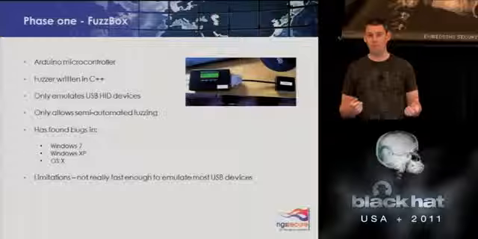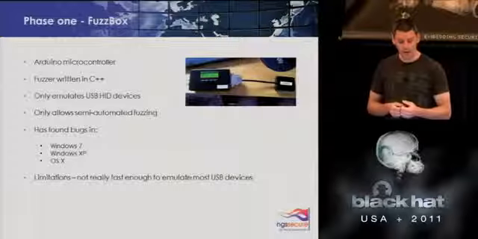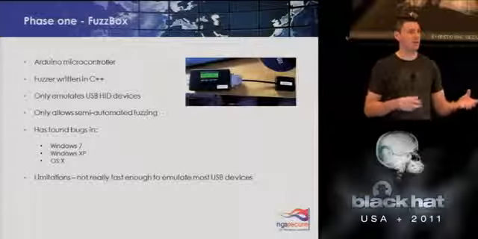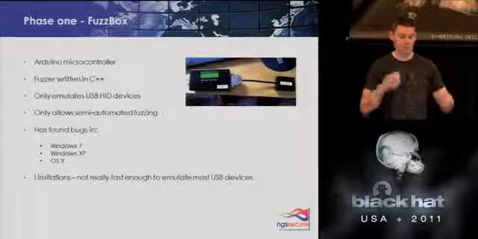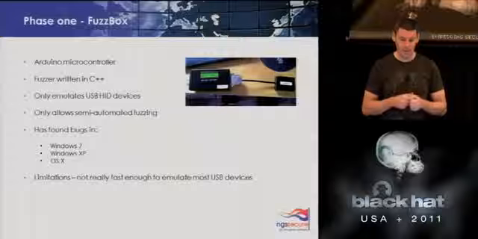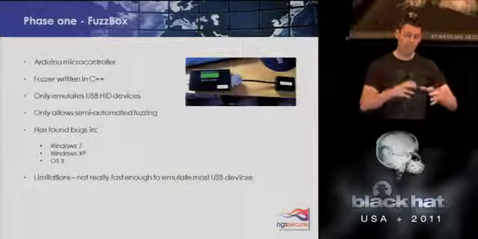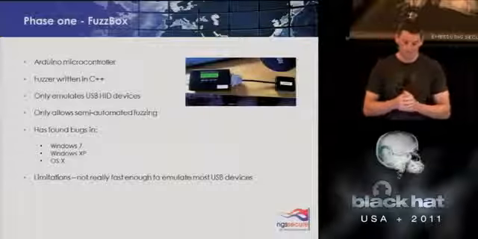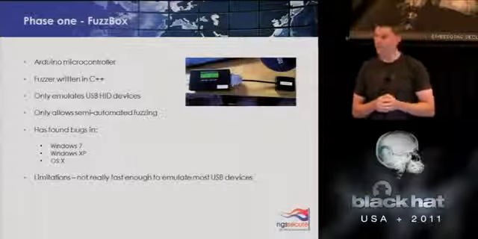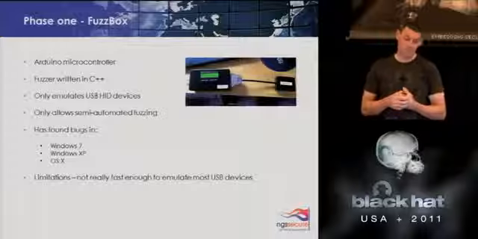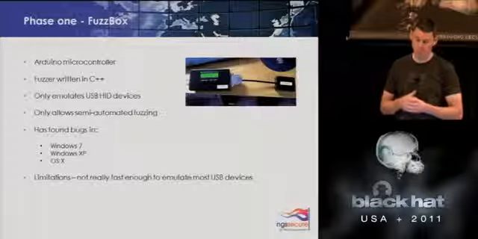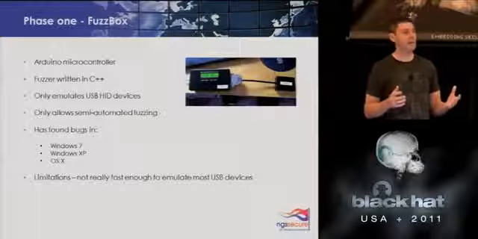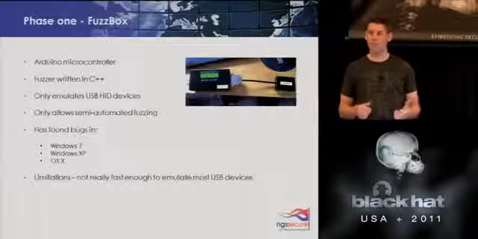It wasn't a very flexible solution using the Arduino. It only really allowed semi-automated fuzzing, because some of the stuff that I needed to modify, resend and manipulate was deep within the driver code, so I had to keep recompiling it. But it did find some serious bugs. It found some bugs in Windows 7, Windows XP, and Apple OS X. So it gave me a justification that there was something here.